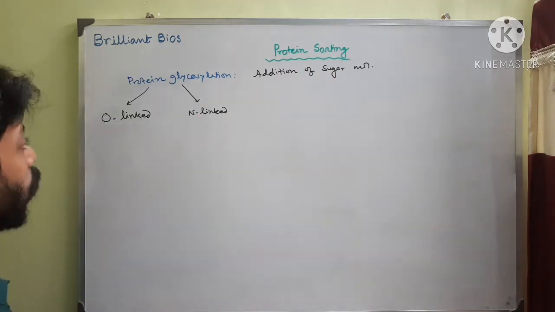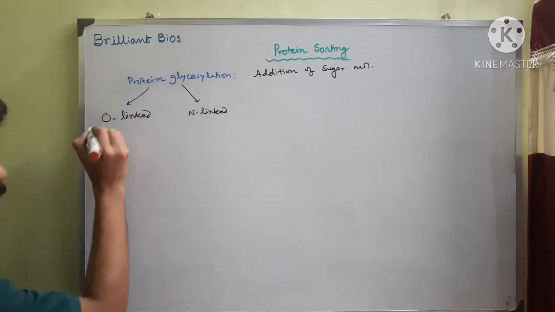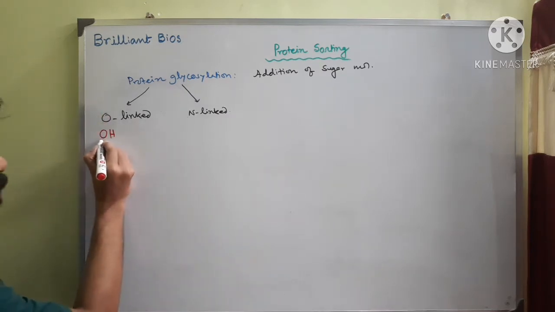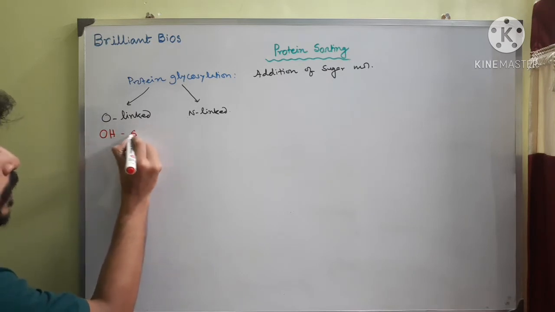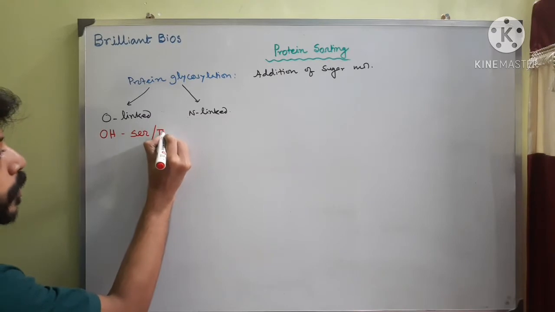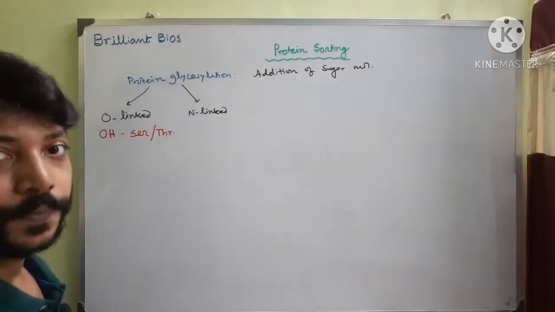In case of O-linked, the hydroxyl group, this is why it is called O-linked, because hydroxyl has oxygen, so this is O. So this hydroxyl group of serine or threonine amino acids is attached with sugar molecules. Let's assume this is a protein.